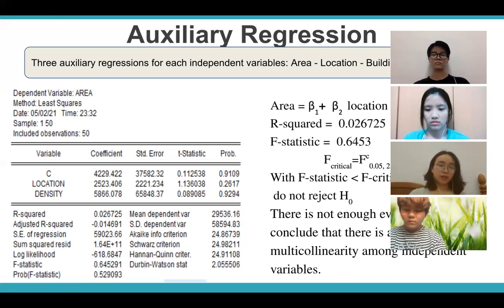With the F critical at the 5% level of significance being 3.23, the F statistic is smaller than the F critical, so we do not reject H0. Therefore, there is not enough evidence to conclude that there is multicollinearity among independent variables.